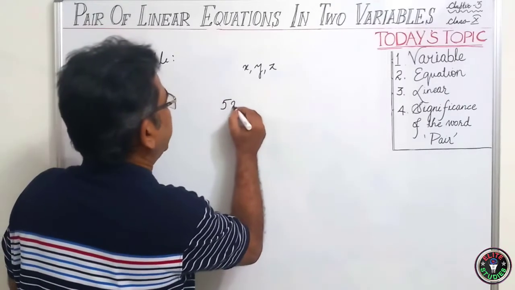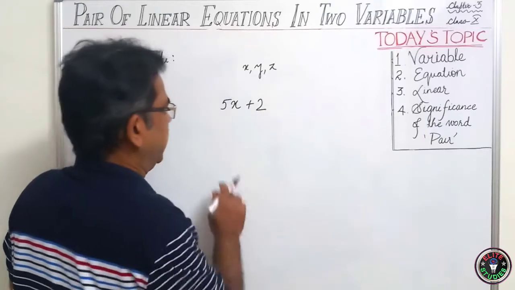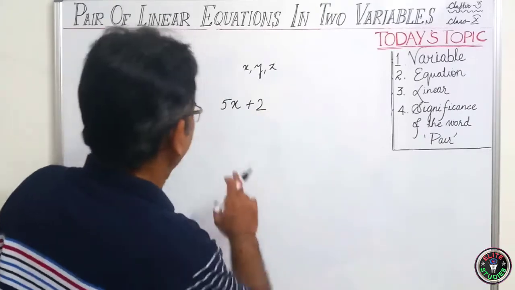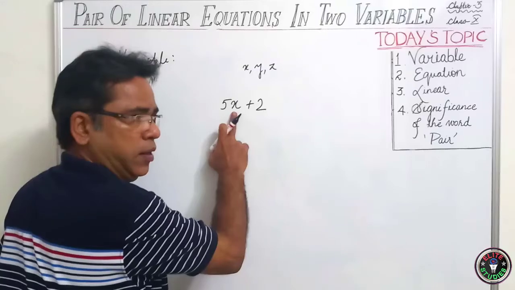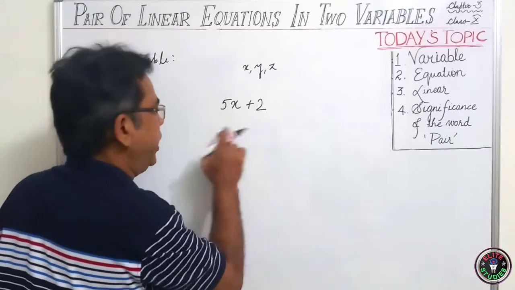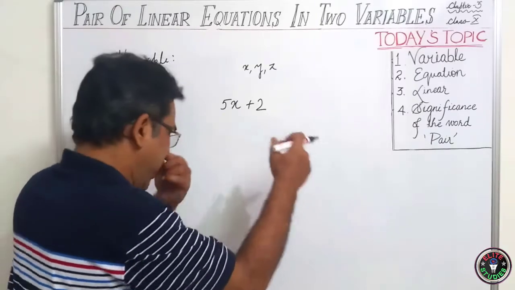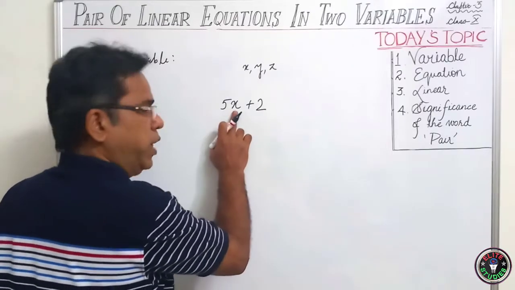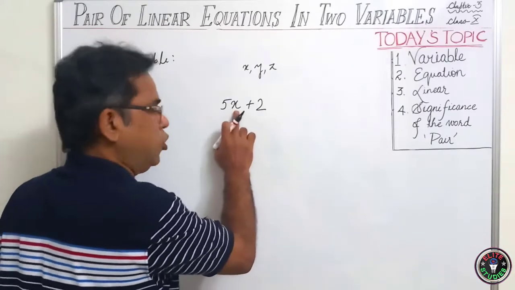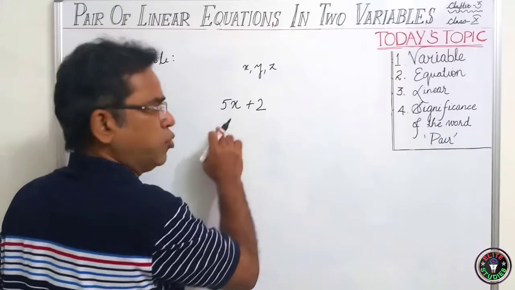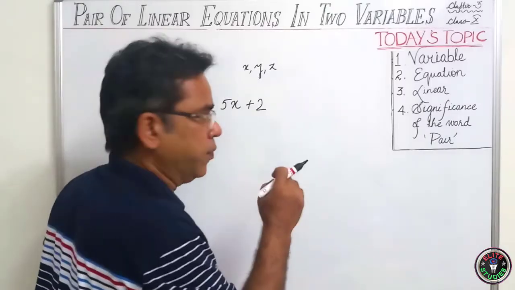Suppose 5x plus 2. If you see this one, here x is the variable. So is 5x. Why? Because if x changes, 5x changes. If x is equal to 1, 5x is 5. If x is equal to 2, 5x is 10. If x is minus 1, 5x is minus 5.